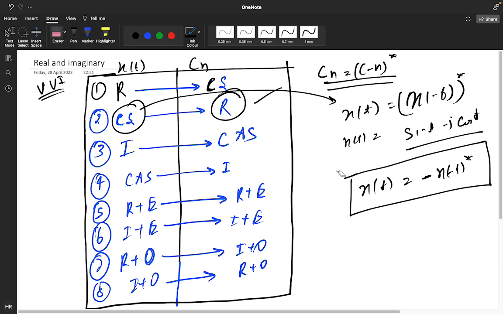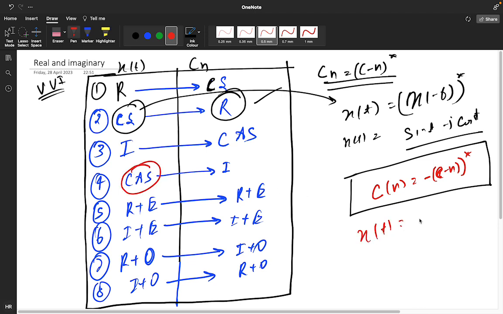C of n will be minus C of minus n, the whole conjugate. And if x of t is equal to minus x of minus t conjugate, then you will have an imaginary signal in Cn. So Cn could be like this: cos n omega naught t plus j sin n omega naught t.